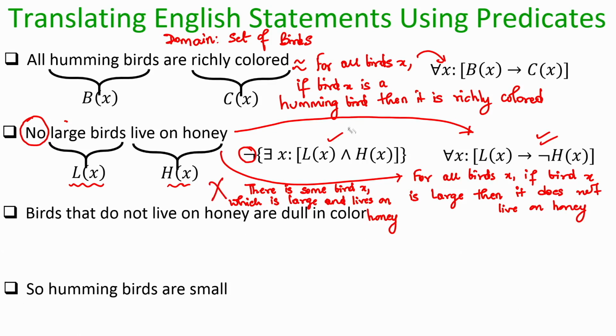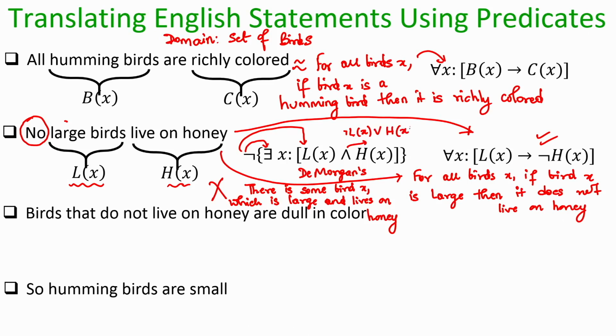Okay. Now, if I apply the rules of equivalence for predicates, the De Morgan's law for predicates, which I have discussed in the last lecture, then I can take this negation inside, and when I take negation inside, there exists gets converted into for all. And this negation will also go with L. So, I will get negation of L of x, and this conjunction gets converted into disjunction.